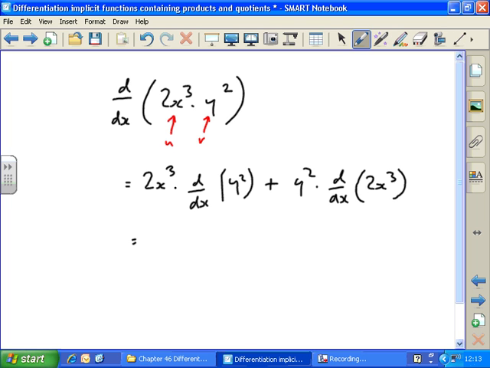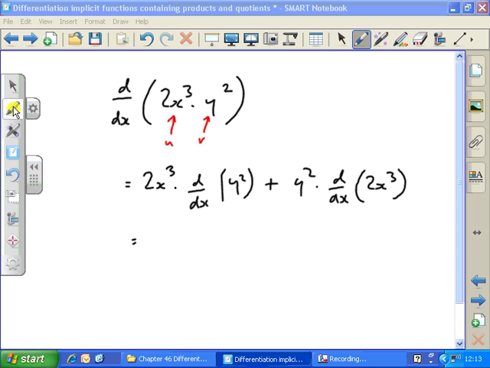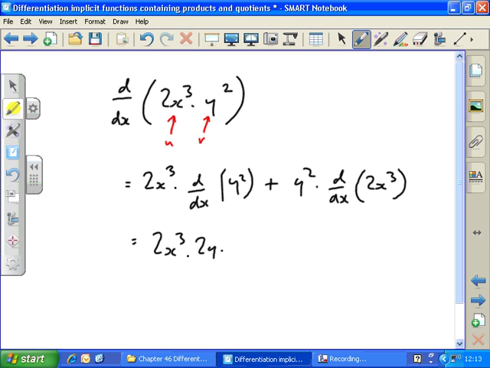This equals, to do this part in here, we need to differentiate y squared with respect to x, so differentiate with respect to y, and then multiply by dy by dx. That shortcut that we were talking about. So this equals 2x cubed times 2y times dy by dx plus y squared, and I can differentiate 2x cubed with respect to x. That's 2 3s are 6x squared.